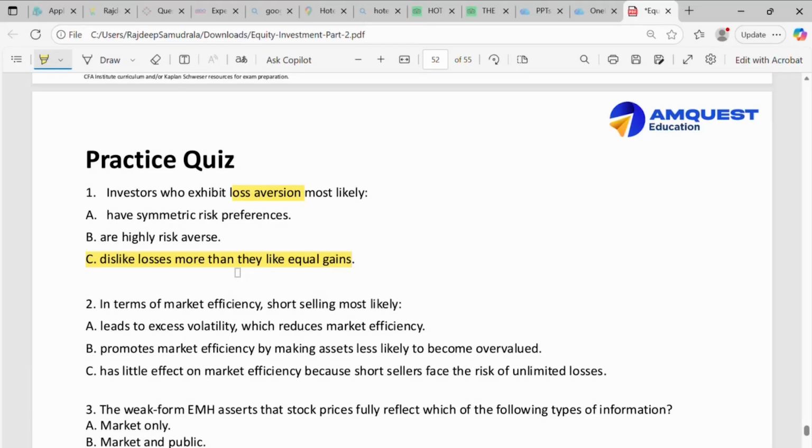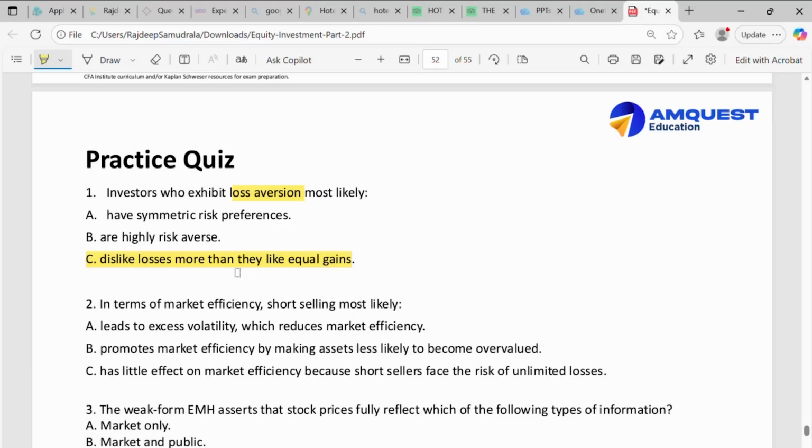Next, in terms of market efficiency, what does short selling lead to? You do know short selling means selling something that you don't own. So when you do it, what does it lead to? Excess volatility? Obviously not. Does it promote efficiency by making assets less likely to become overvalued, or does it have little effect on market efficiency?